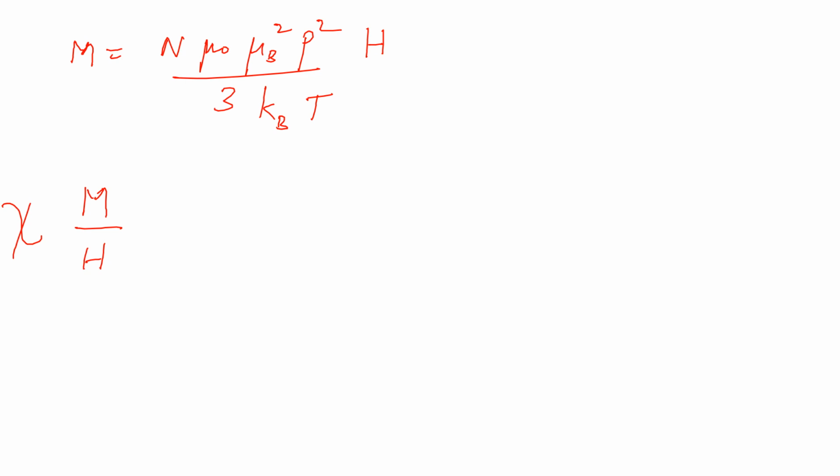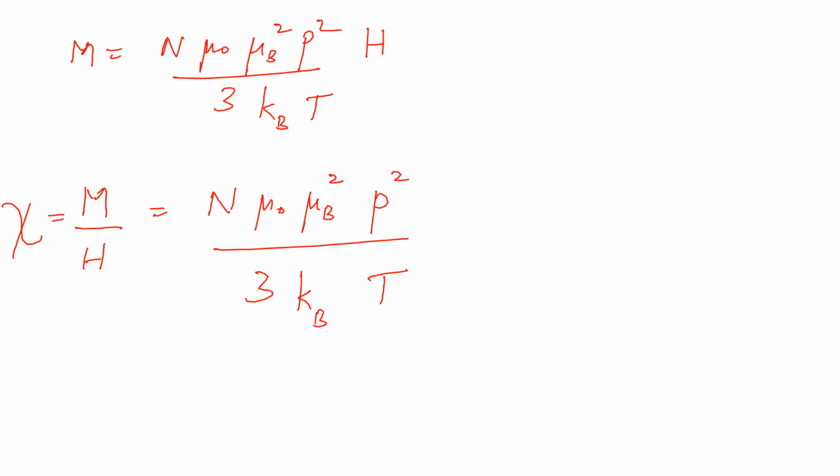This is susceptibility chi, equal to N mu_0, the permeability, mu_B, the Bohr magneton squared, p squared, the effective number of Bohr magnetons, divided by 3 k_B T.